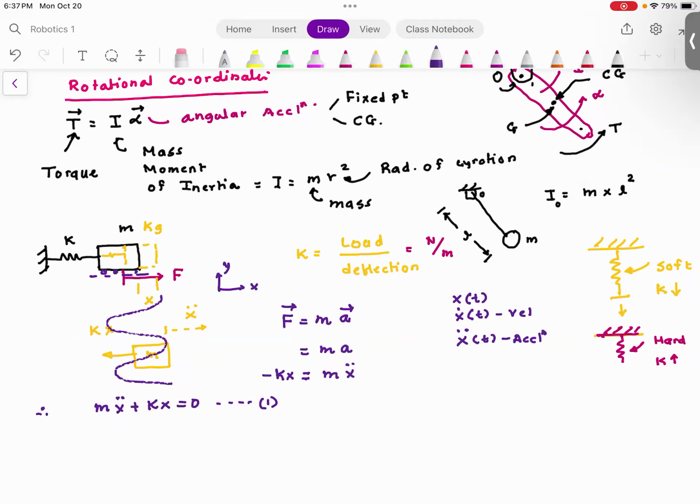So in other words, t, which is time, is the independent variable, and x is the dependent variable. So x or x dot or x double dot is the dependent variable.